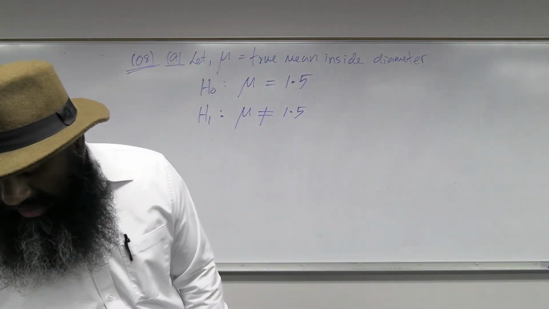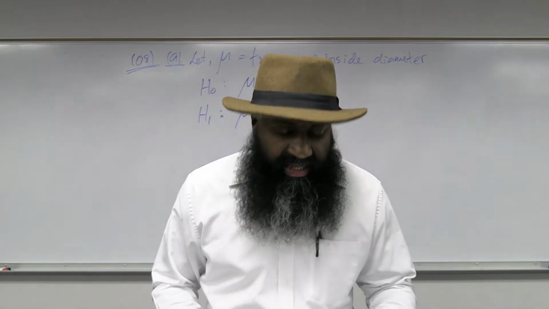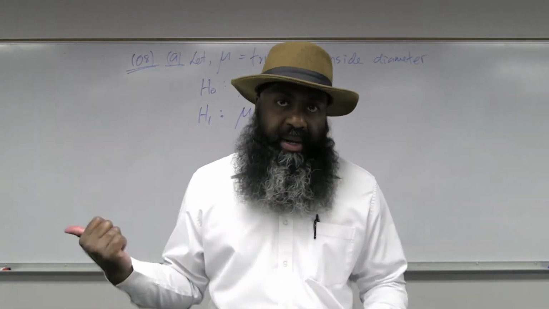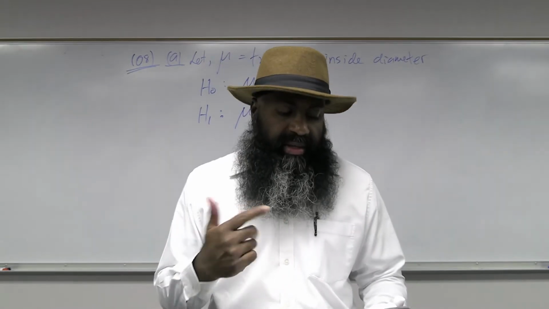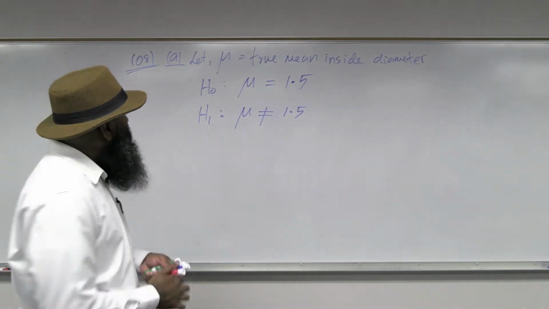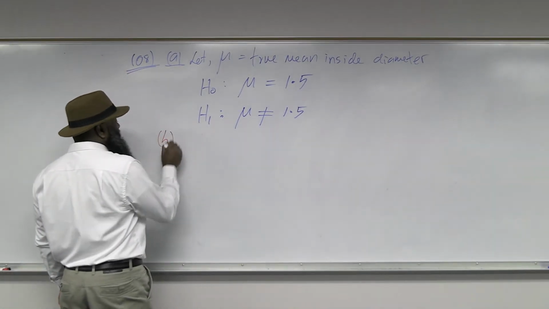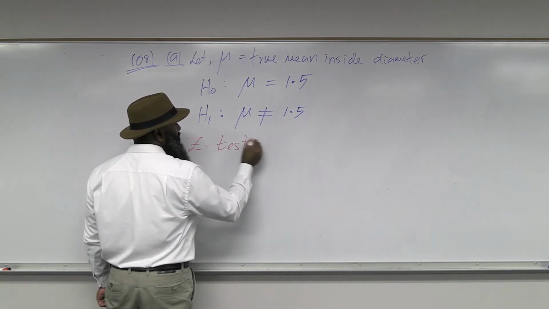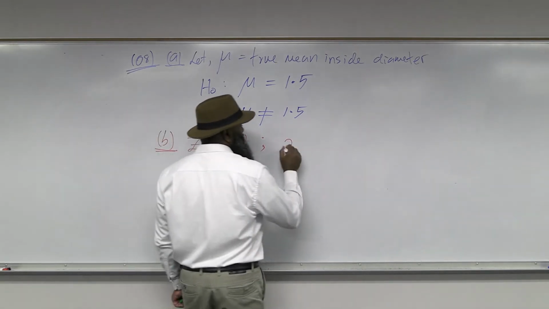So if you read this question carefully, we can see that sigma, or the true standard deviation of the diameter, is given. Sigma is equal to 0.01. Therefore, we say, part B, I need to go for z-test. The reason is sigma is given.